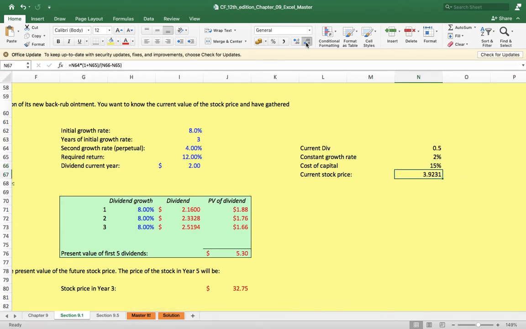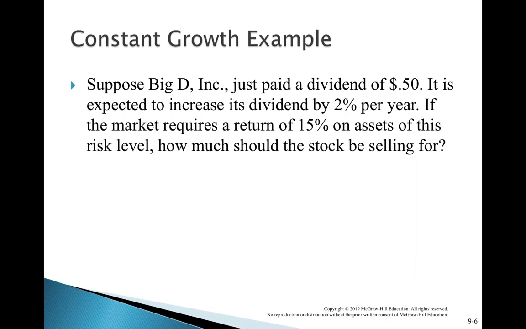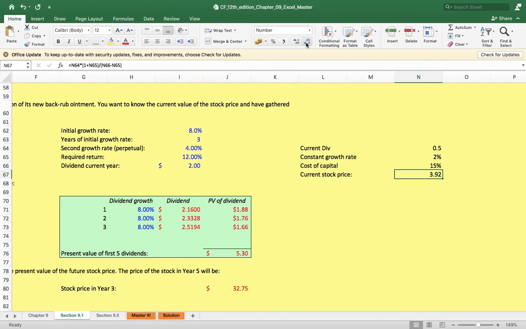Therefore, the stock price will be 3.92. Very simple. Current dividend multiplied by 1 plus growth, divided by R minus growth, will be the price of the stock, 3.92. Alright, so this is the way we calculate case 2, that is called constant growth rate.